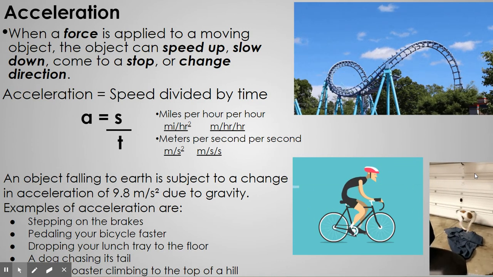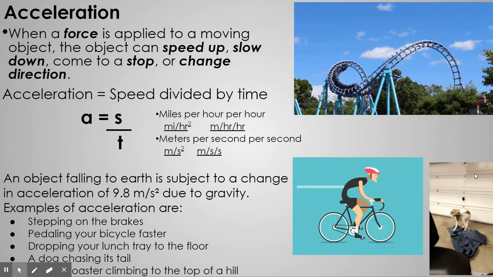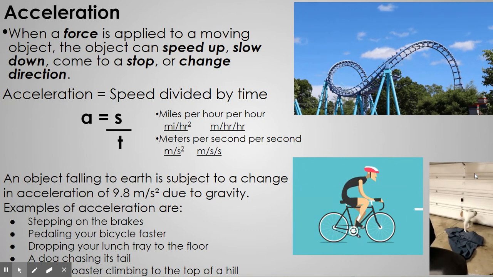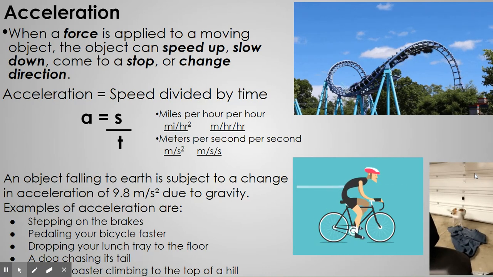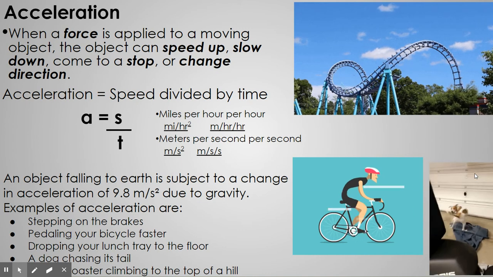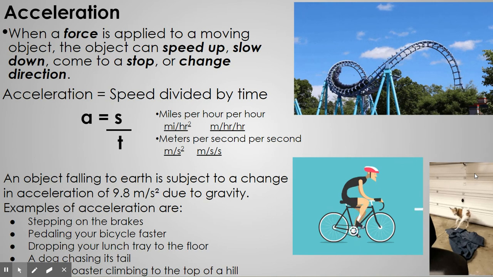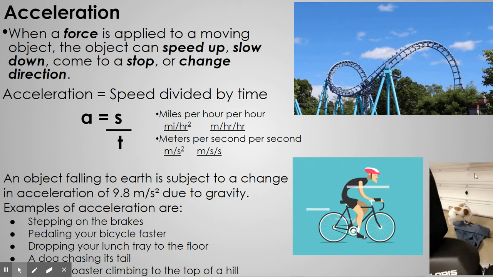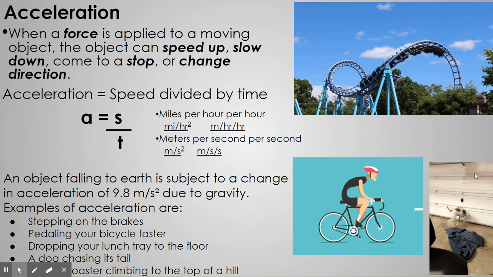A force applies to an object that will cause it to speed up, slow down, come to a stop, or change direction. All of these are examples of acceleration. Normally, when we talk about acceleration, we think about just speeding up, but technically, any change at all is going to be an acceleration. Okay, so you might want to put that word real big next to acceleration, a change.